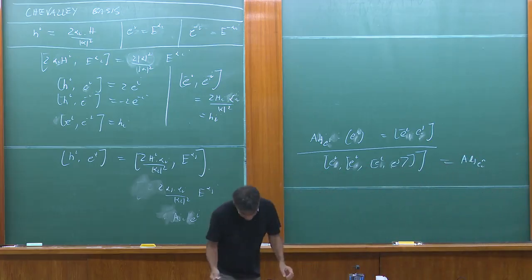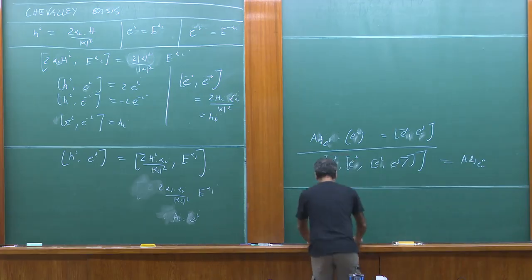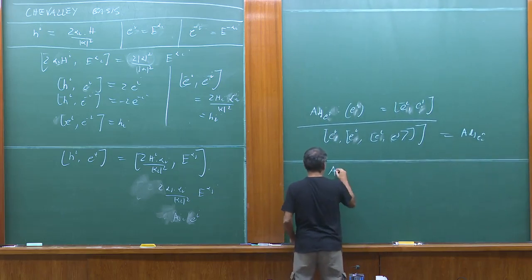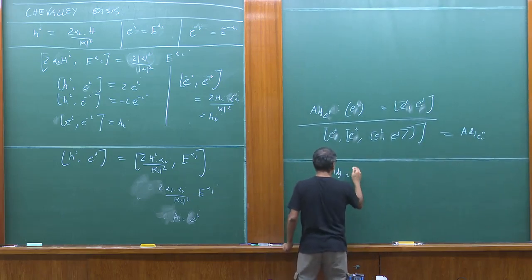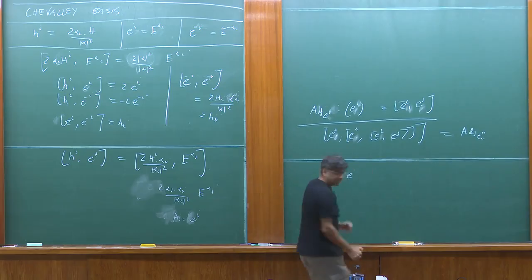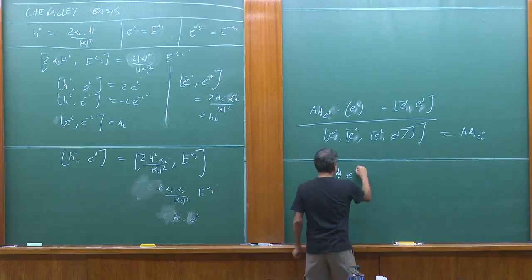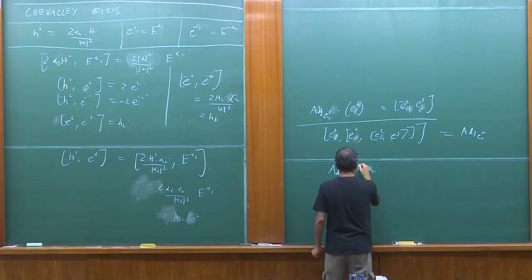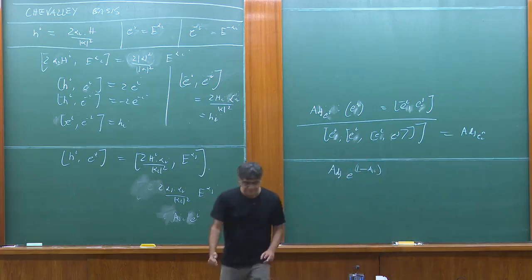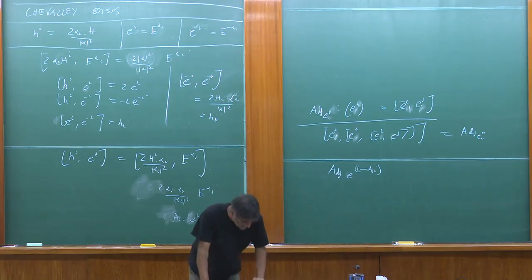Okay. Now, Serre showed the following. He showed that adjoint E_I to the power 1 minus AJI on E_J is zero.